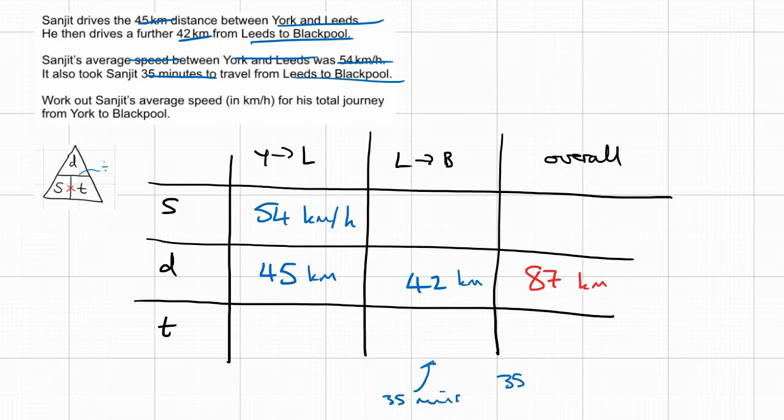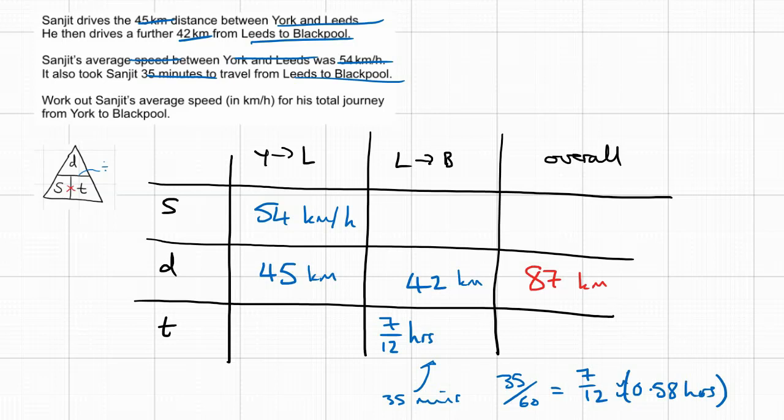We need to do 35 over 60. I'm going to leave it as a fraction because the decimal is a recurring decimal, and I think leaving it as that would be nicer. If you want to get some perspective on it, it's roughly equal to 0.58 hours.